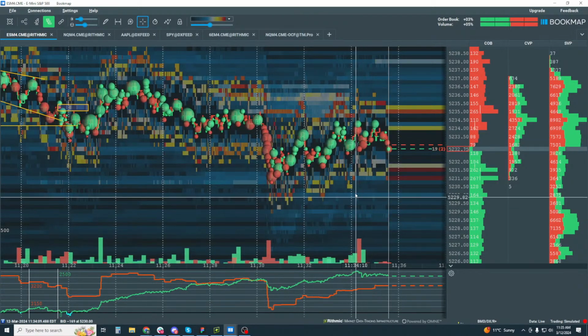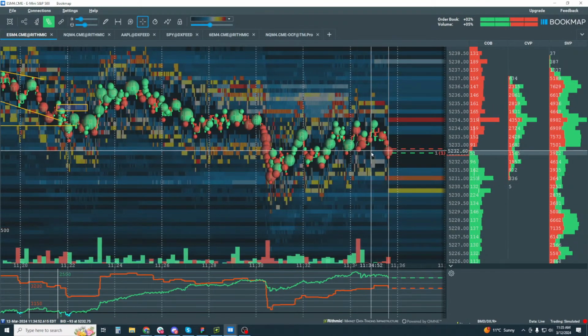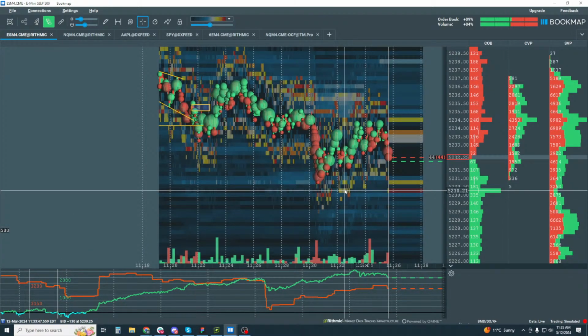One more rotation here to see if we get it. No, more sellers.